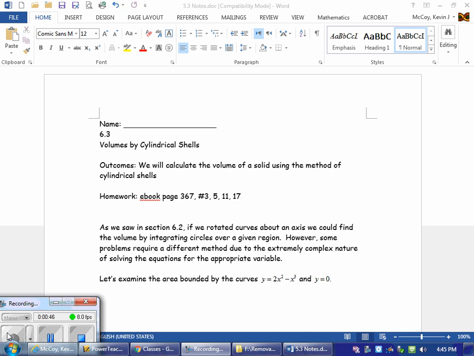There's a different way to do this, and the reason that we have this different way is because some functions that we're given are going to be really difficult to do by standard disk and washer method. So that's what we're going to talk about. It's this method of cylindrical shells.